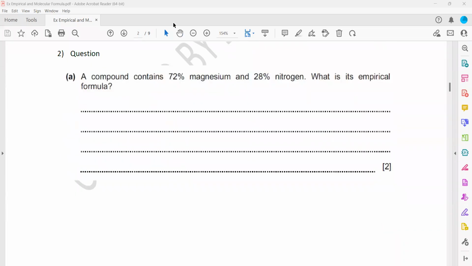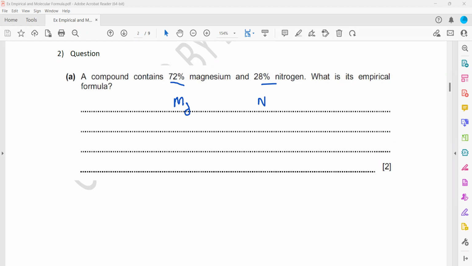Next is a compound containing magnesium 72% and nitrogen 28%. So we have a compound which has magnesium and nitrogen. So first, what is the step? The step is divide the percentage or the mass, whatever is given in the question, by atomic mass.